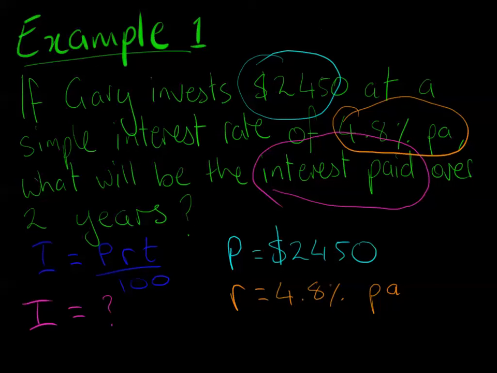So now when we're dealing with time, T, we can say, well, how many time periods are we dealing with? We're dealing with 2 years. Because our 2 years relates to per annum, we can say that one time period is 1 year. Therefore, over 2 years, we're dealing with 2 time periods. So we can simply put 2 into our value of T.